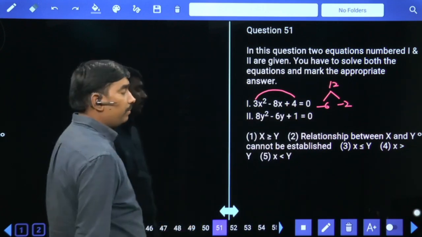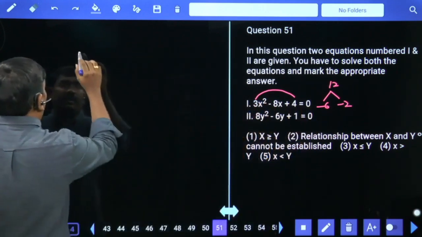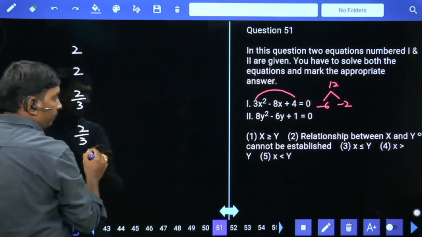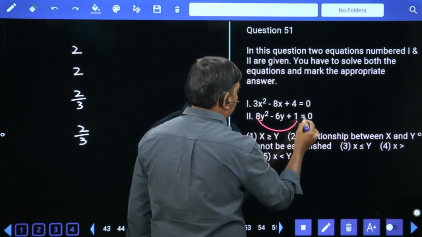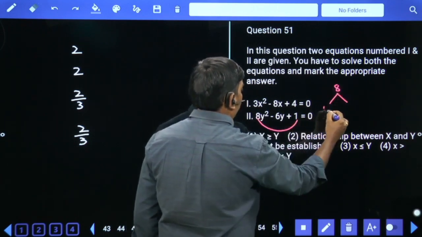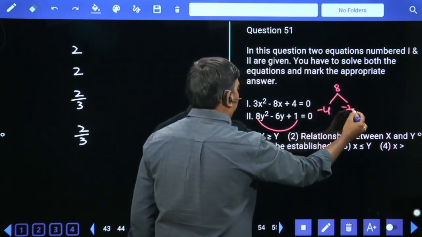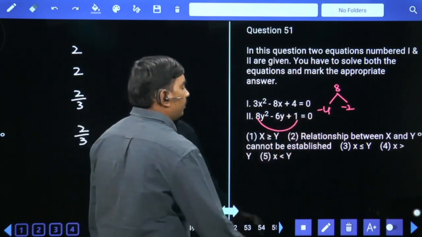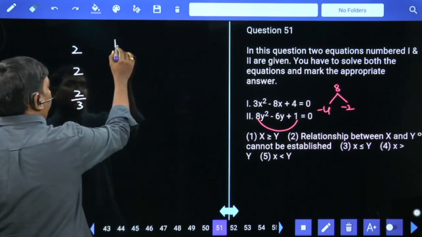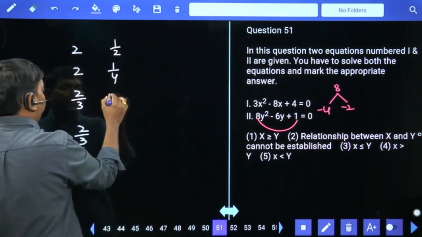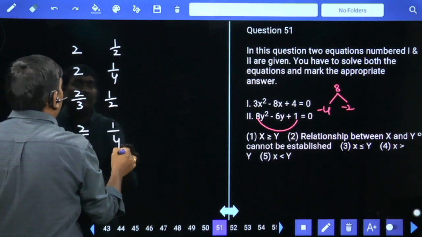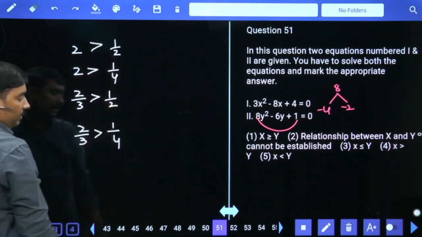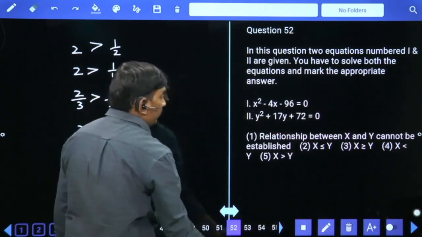Finally plus 6 plus 2. 6 by 3 means 2. 2 by 3. 8 1s are 8, 4 2s are 8, minus 4 minus 2 will give us minus 6, finally plus 4 plus 2, 4 by 8 means 1 by 2. 2 by 8 means 1 by 4. Greater than, greater than, greater than, greater than. X greater than Y is your answer.